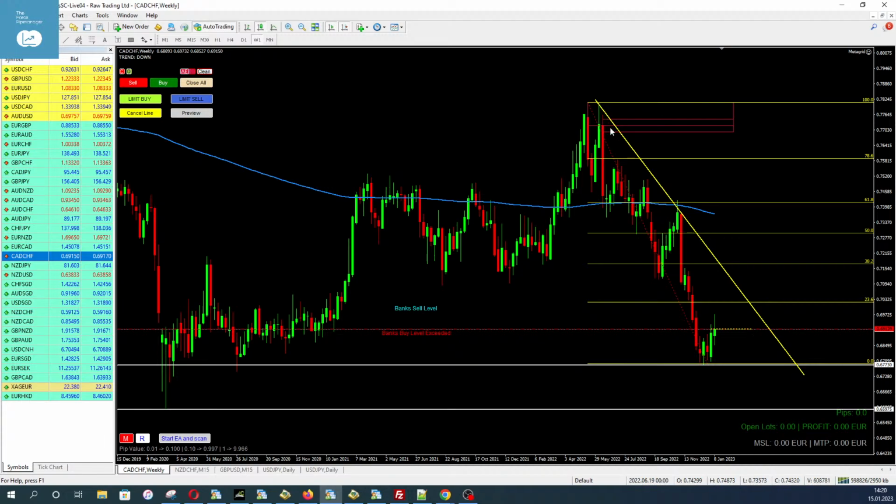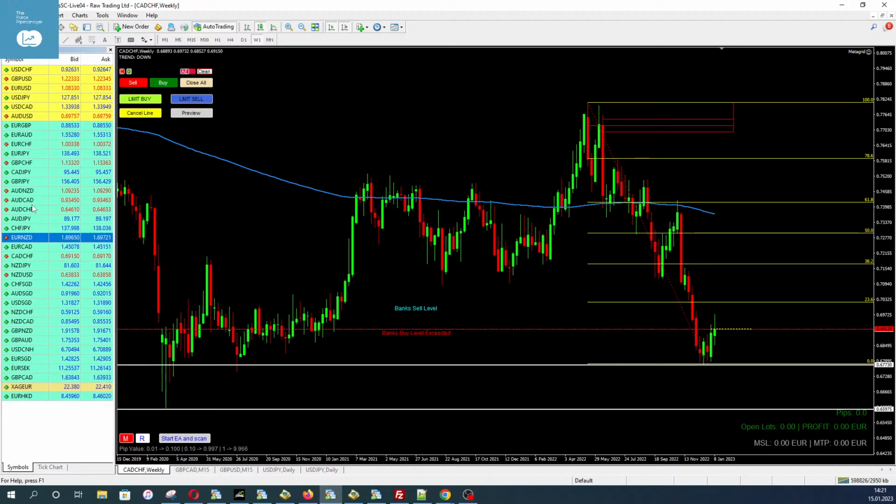As long as this trend line has not been broken, this pair is for me not tradable in the buy direction. I would stay out of this pair. And if I see that this last support got broken, then I would go into the next sell trade on this pair. So at the moment it's a waiting pair, and I would skip it until we get a confirmation of what this pair wants to do next.